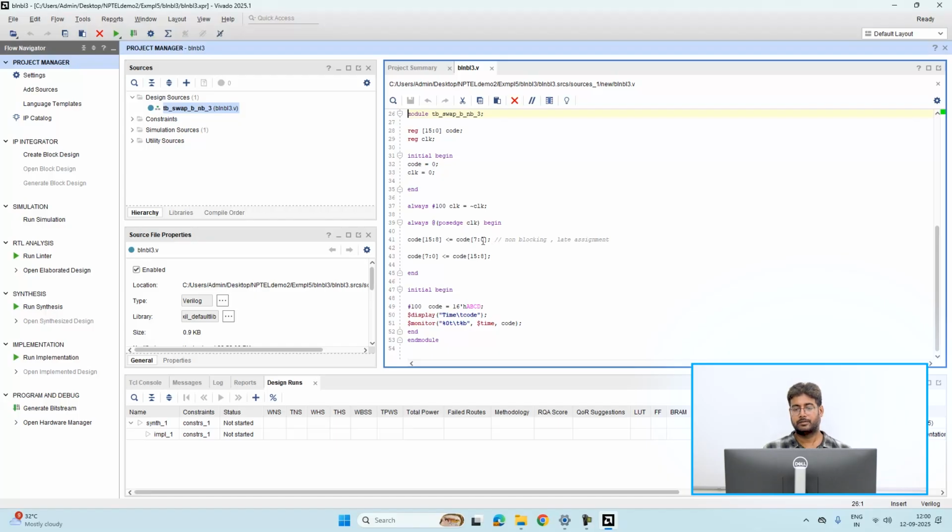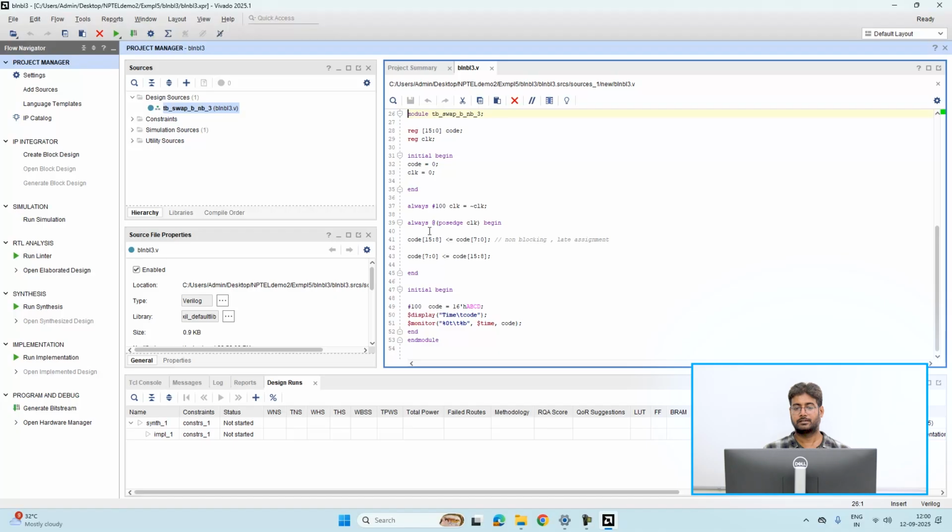So code 7 to 0 is evaluated and it has to go to code 8 to 15, but it is not assigned yet. And then code 8 to 15, which is AB, has to go to code 7 to 0. It is evaluated, but it has not been assigned yet. So this initial begin hashtag 100 code is the input that we are providing.